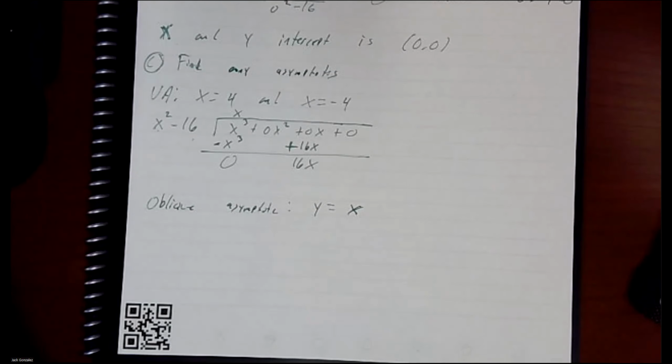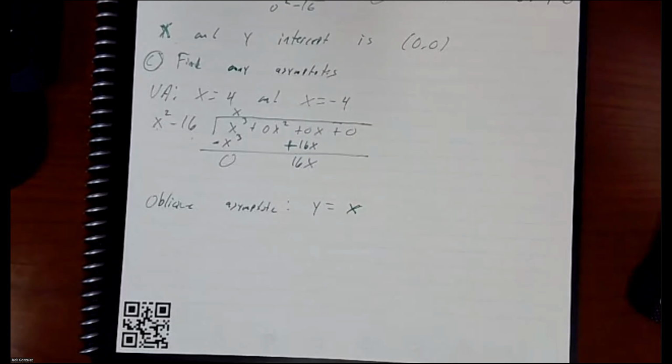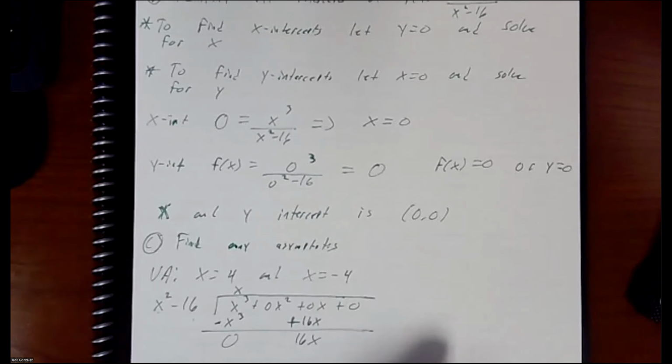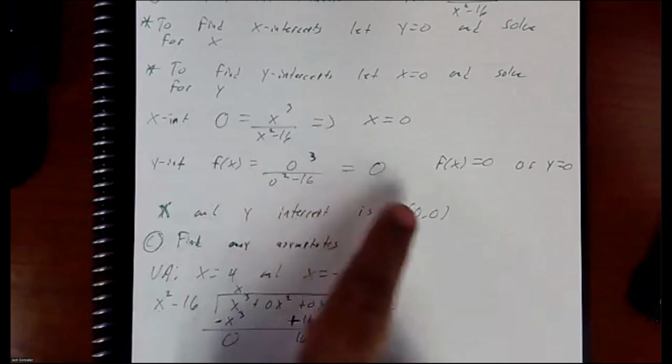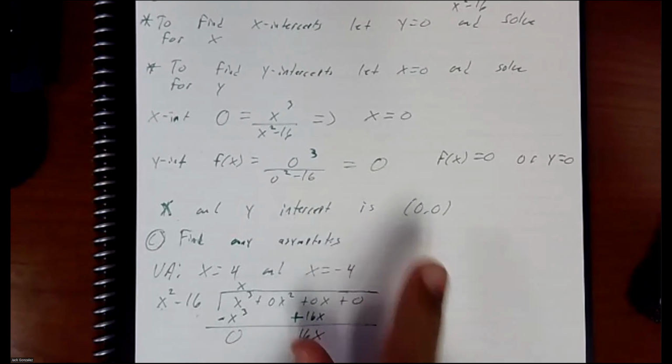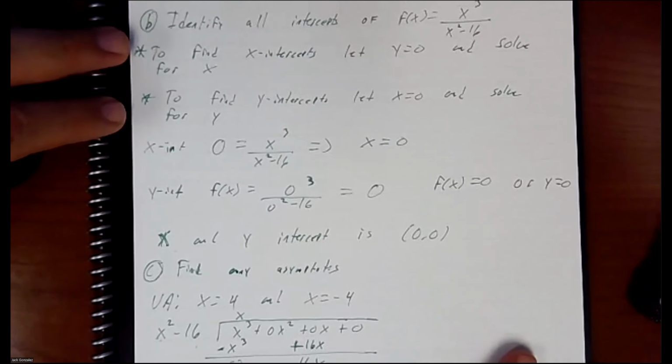No, it's just the x, just this guy. So that was C, and that's pretty much it. So we got vertical asymptote, oblique asymptote. And in this question, the intercepts weren't that interesting because it was the same point. But this is the rules for finding them.